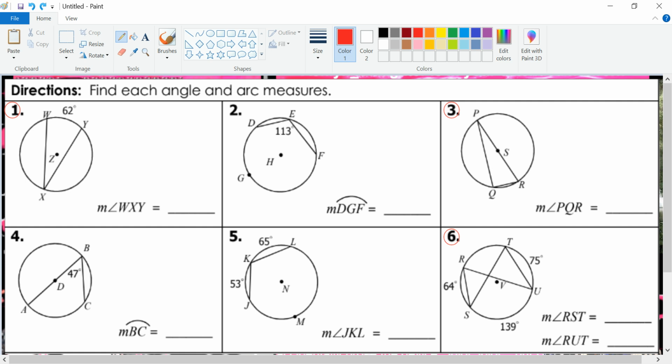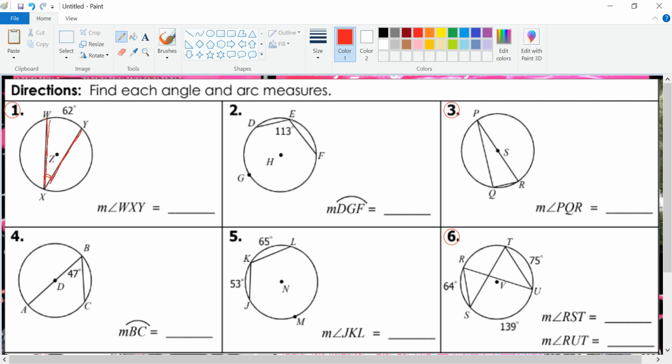So that being said, on question number 1, we're looking for angle WXY. That's this angle here, right? Or more specifically, it's this angle here. The main idea with an inscribed angle is you've taken two chords and created an angle inscribed, and the angle inscribed is always half the size of the arc that it also creates.